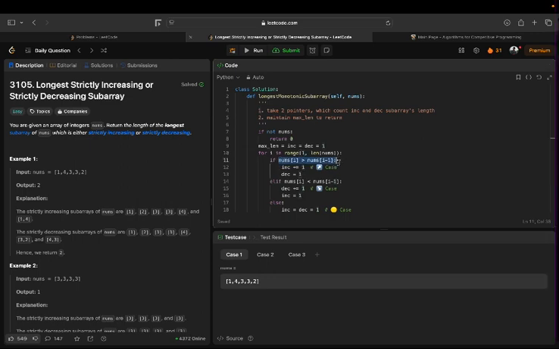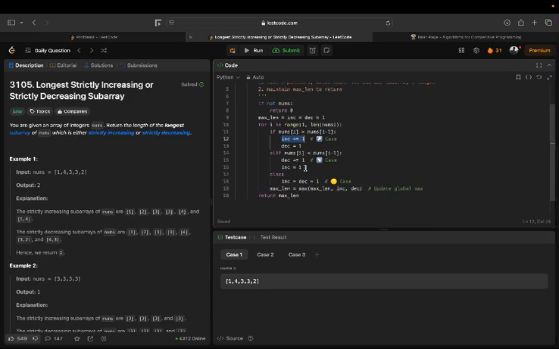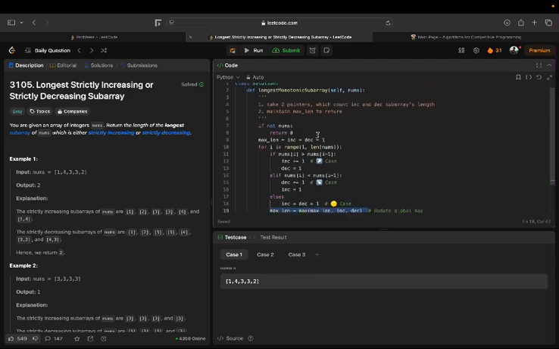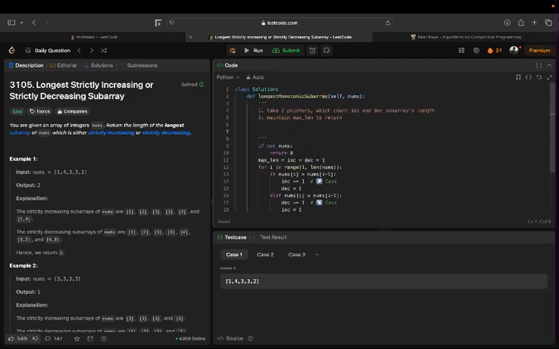If the trend is increasing, we increase the increasing count, else we increase the decreasing count. And if both elements are equal, we reinitialize increasing and decreasing. Let's try to run this code on this example.